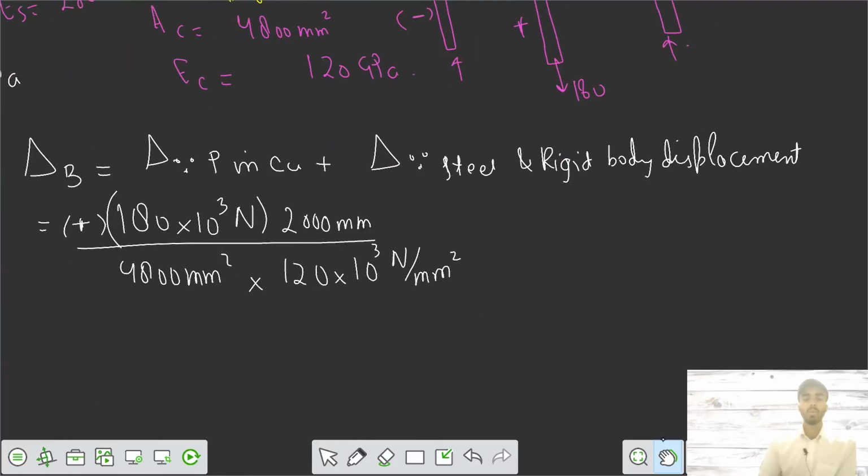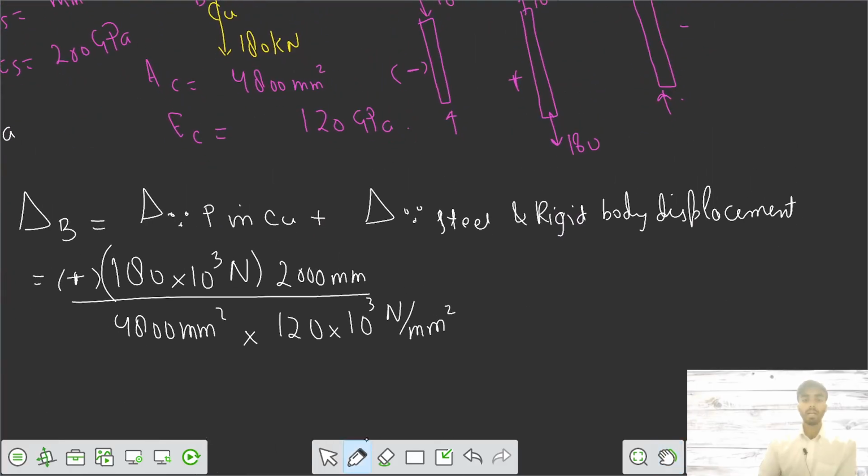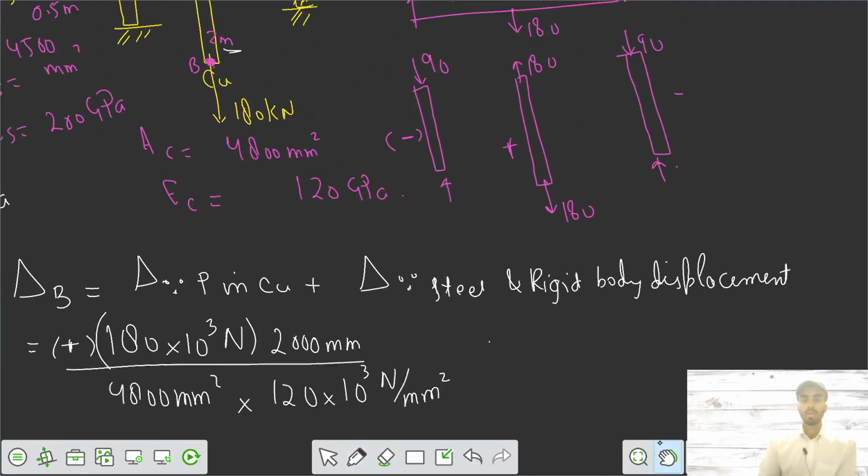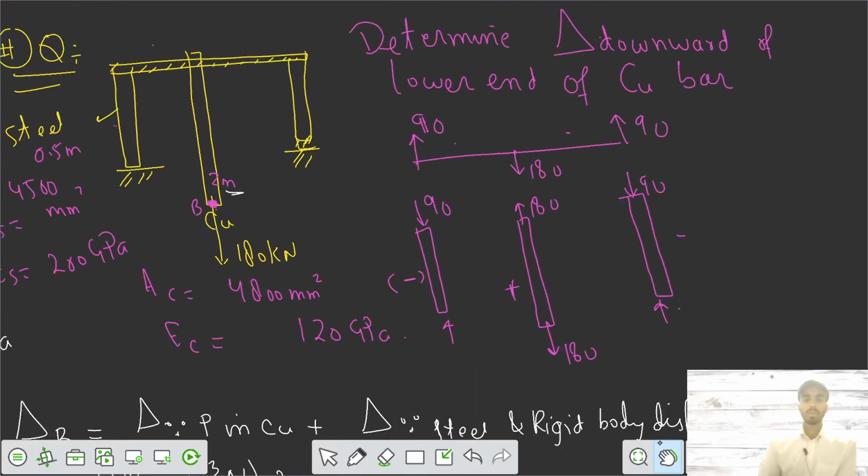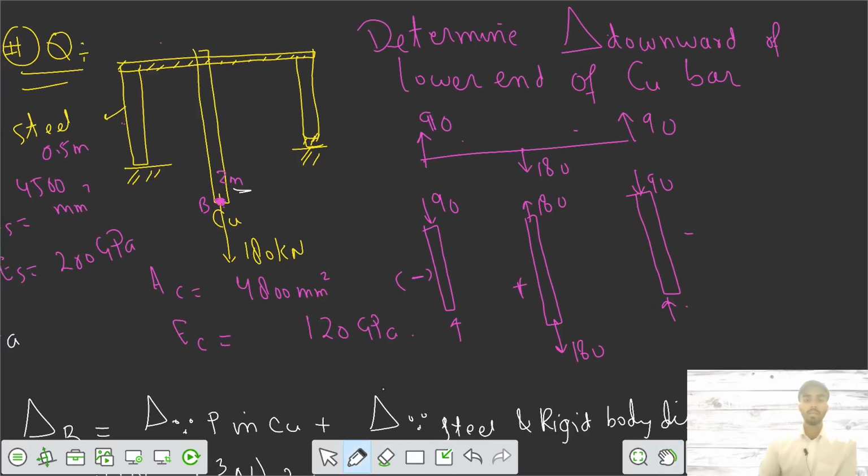So it was a positive tensile force, and since the force in the steel bars is compressive, these members, the fibers, have to go down by this delta steel. Same has to be here, delta steel.